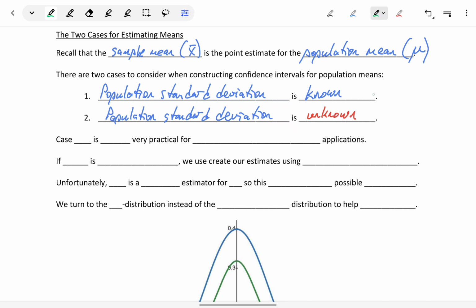If we're dealing with the first case, then what will be happening in the background, Desmos will be handling for us. Confidence intervals will be constructed, calculating probabilities using the normal distribution. And if we're looking at the second case, where the population standard deviation is unknown, probabilities will be getting calculated in the background using the t-distribution.